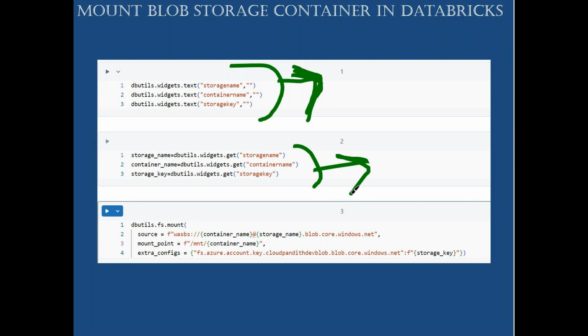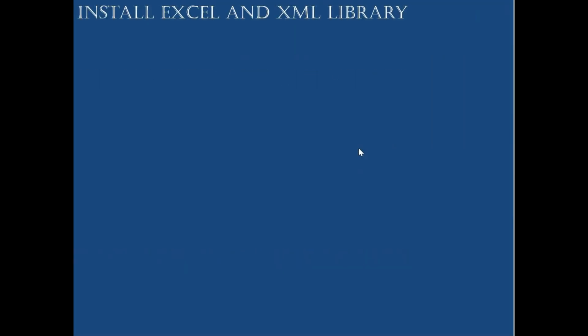Reading the created parameters, you are reading the values of the parameters and you are using them here to create a mount point. So I just want to revise all these things. Anyhow, we are mounting, I don't want to simply hard code it. So that's why we will be going this way. Mount point, no need to discuss too much on that.